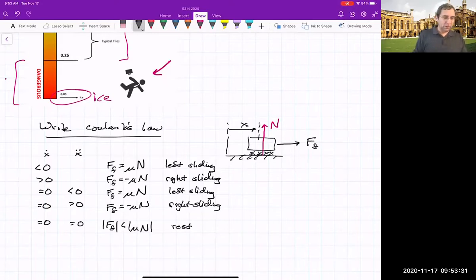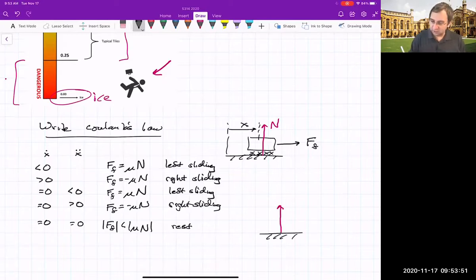So when we're in motion, we're on this thing called the cone of friction. When there's no motion, we're inside the cone of friction. So think of up here, we've got the normal force. Here's our surface.